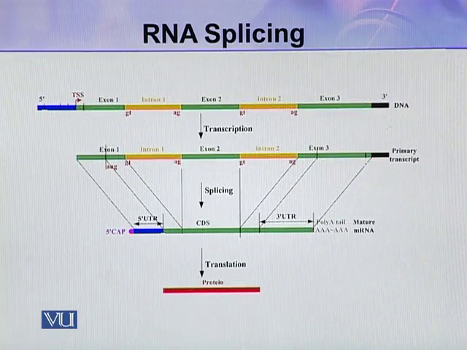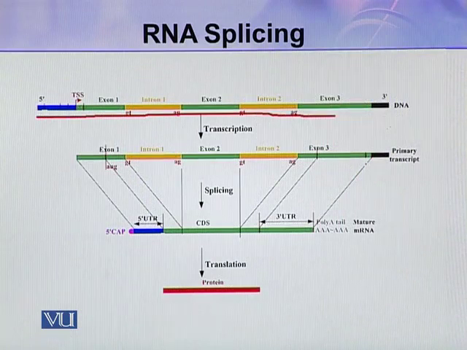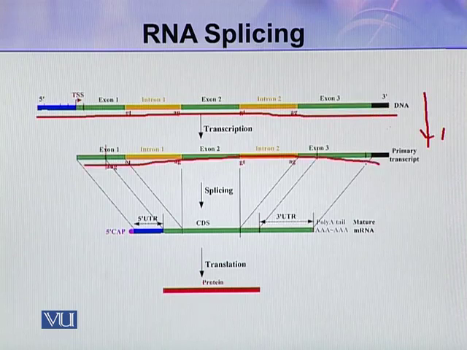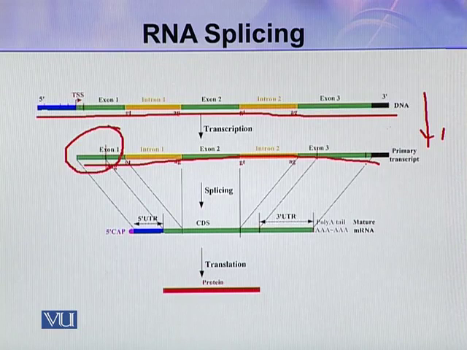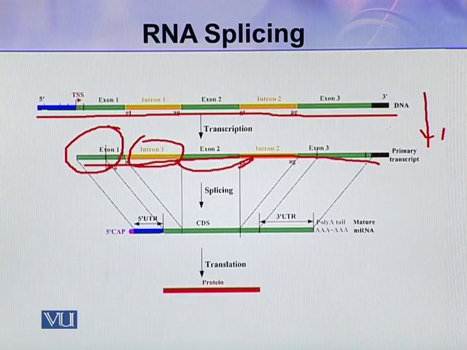In this figure, this is a whole gene, and this is a strand of DNA. After transcription, this is the primary transcript, also called pre-mRNA. You can see it contains this green portion, which is exon 1, and then this yellow portion, which is intron 1, then exon 2, then intron 2, then exon 3.